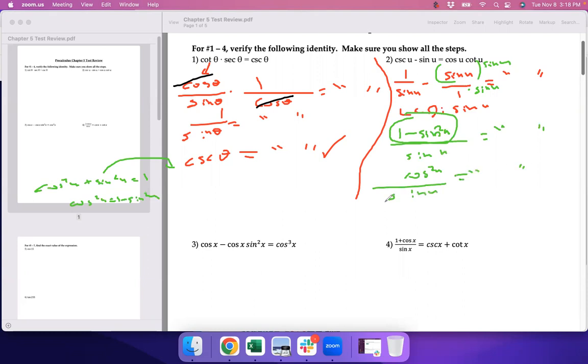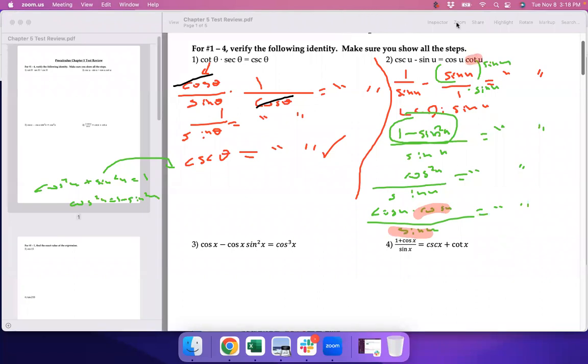If you're a little more crafty with your algebra, the cosine u can be broken apart like this, and divide the whole thing by sine u. And all of this we know is just going to be cotangent.